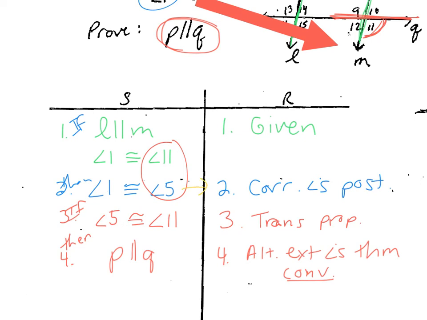So when I wrote my angles congruent statement, I used my corresponding angles postulate. And remember, that could be any one of them. It could be an alternate interior angle theorem, alternate exterior angle theorem. I just happen to be talking about corresponding angles.